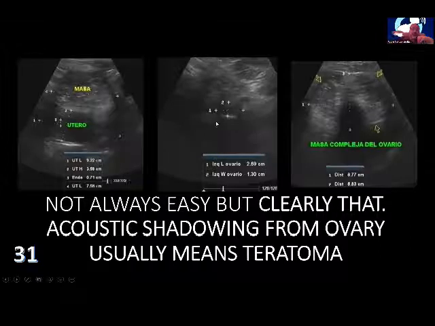Not always easy to see, but here there's a clear acoustic shadowing from the ovary, and this usually means this ovary has inside a piece of bone or cartilage, which transmits the sound faster than the soft tissues of the human body. That's why we see a shadowing from here.